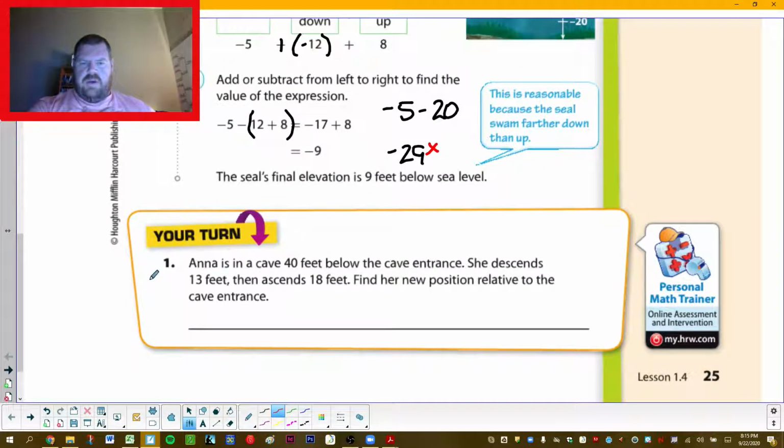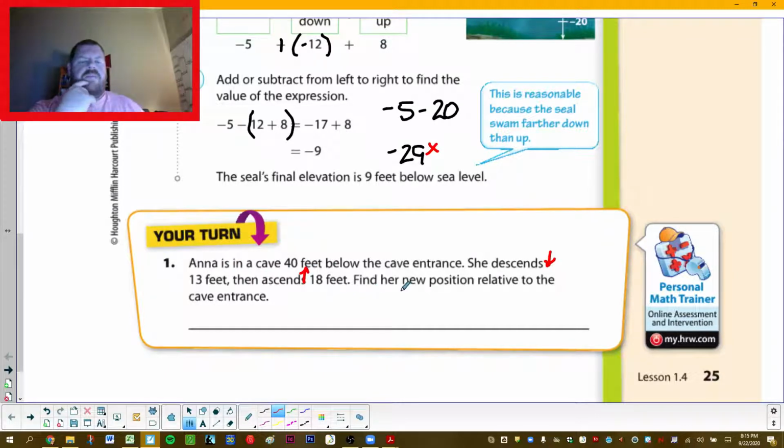So this is your turn problem. It says Anna is in a cave 40 feet below the cave entrance. So we're treating the cave entrance as that 0 mark. She descends 13 feet, then ascends 18 feet. Descends means going down. Ascend means to go up.